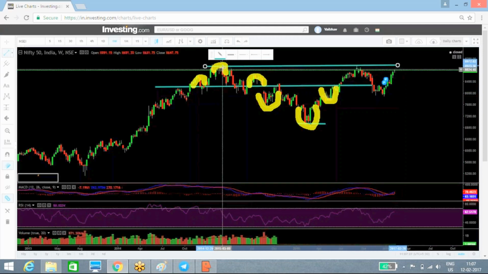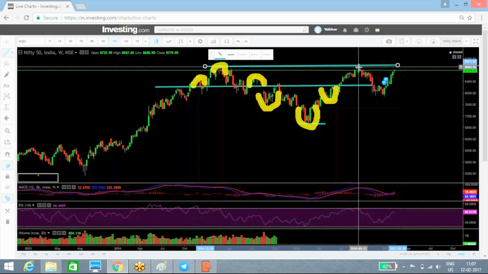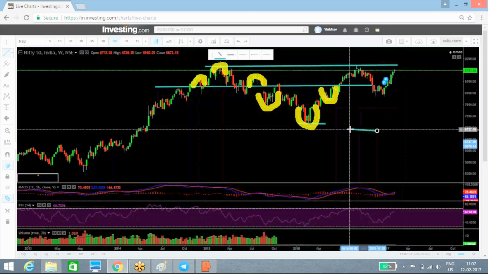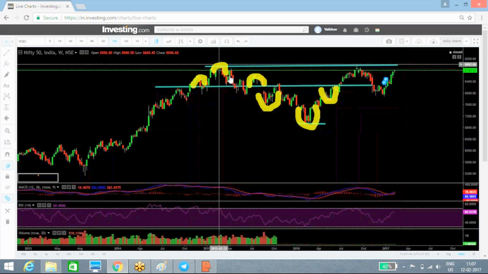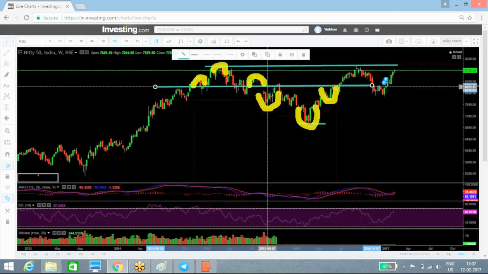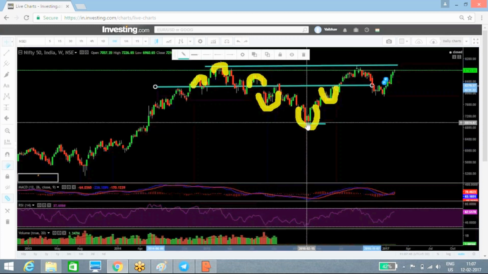The earlier head is where it kind of stopped and faced resistance. Then again it came here with the inverse head and shoulders too. It faced resistance, because if you are looking at the charts, all the analysts are looking at the charts, and everybody knows that was the head and shoulders. This support became the resistance and it came down.